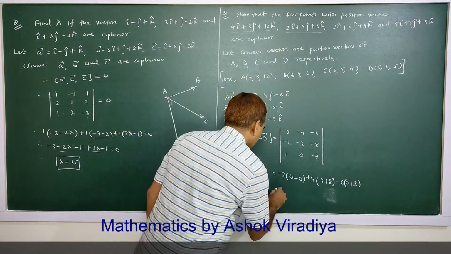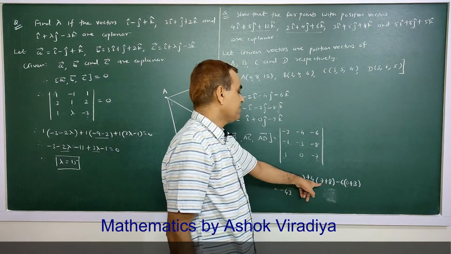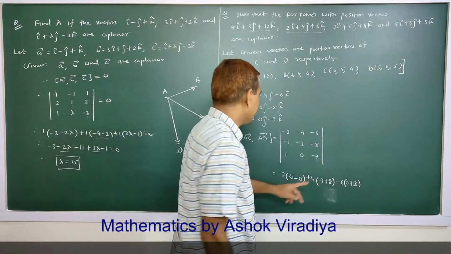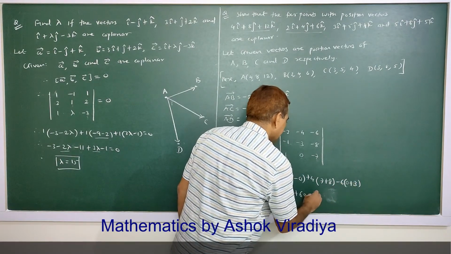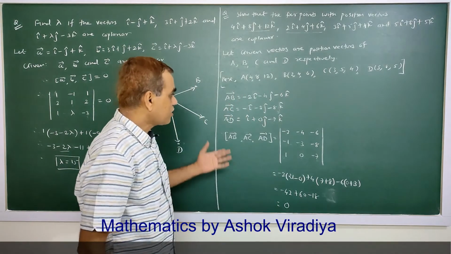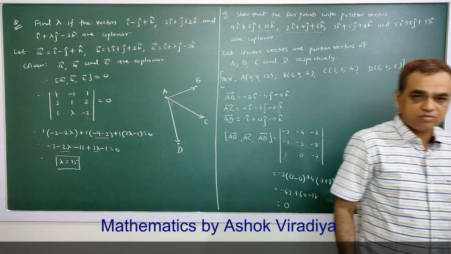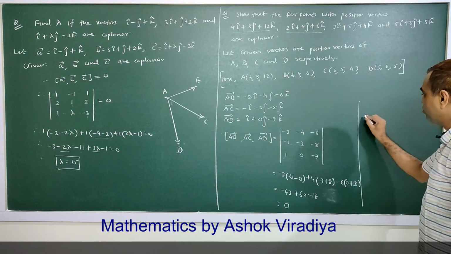So this is equal to minus 42, plus 4 times minus 1, that is minus 4, plus 18. So this is 0. So box product is 0. Scalar triple product of these three vectors is 0.